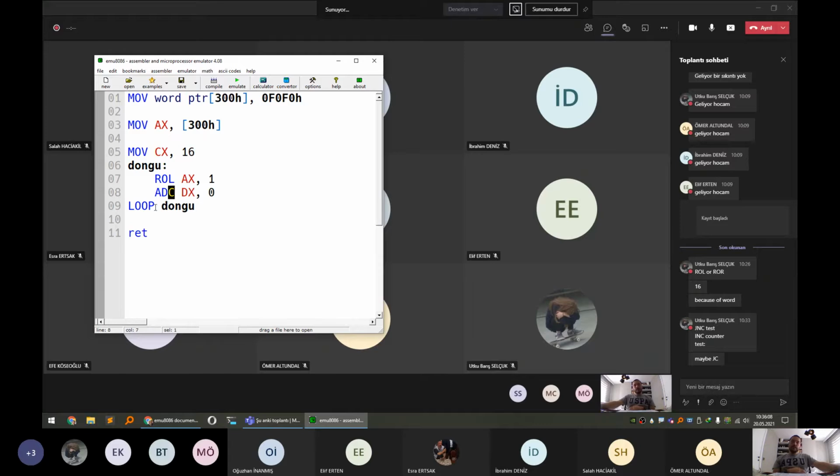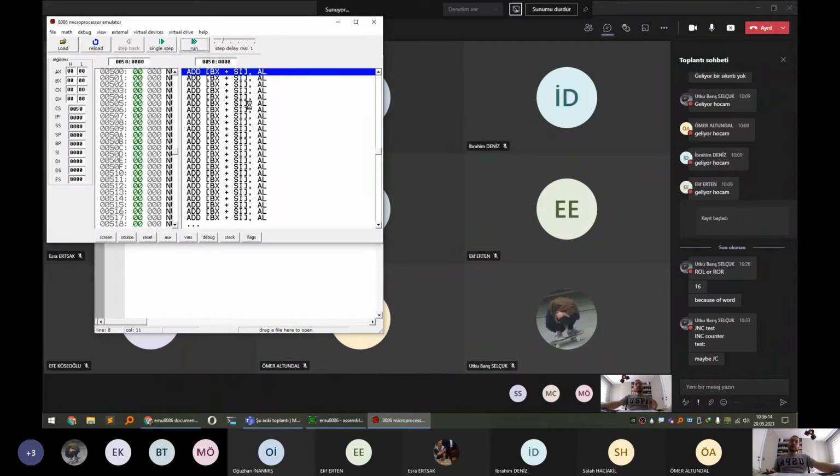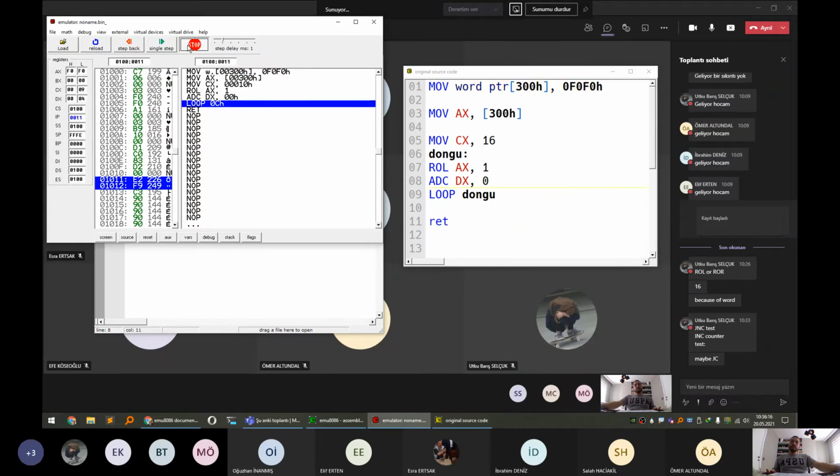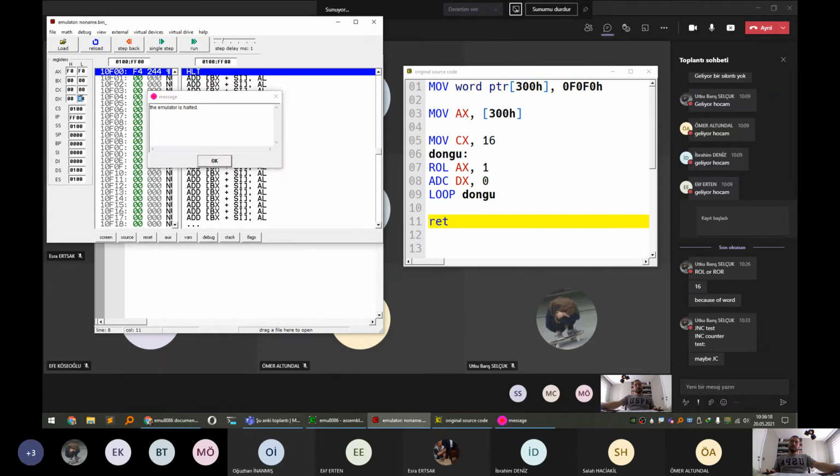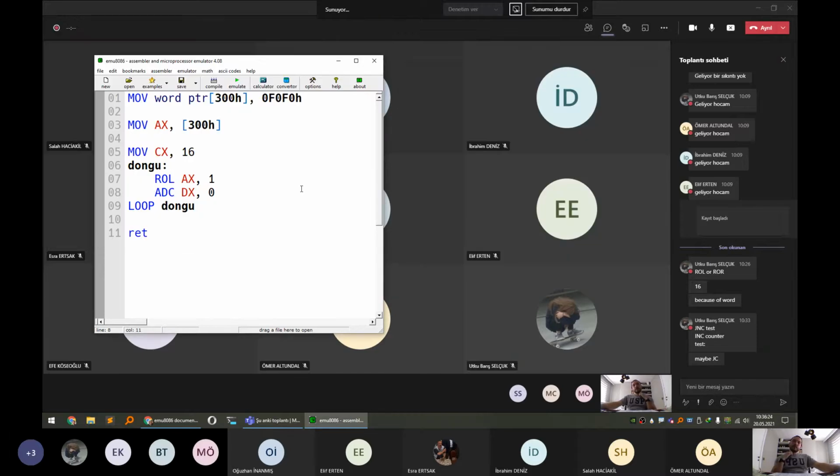This will run 16 times, but the carry flag will be set only 8 times. So dx will be 8. Okay, this will be easier because I know that the carry flag can be added in an addition operation by using add with carry.